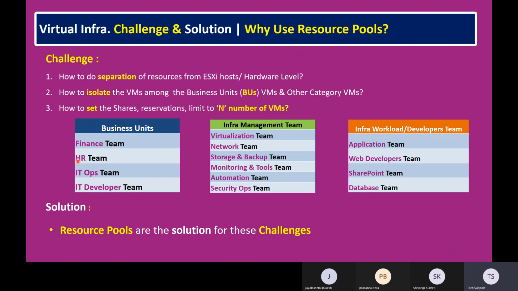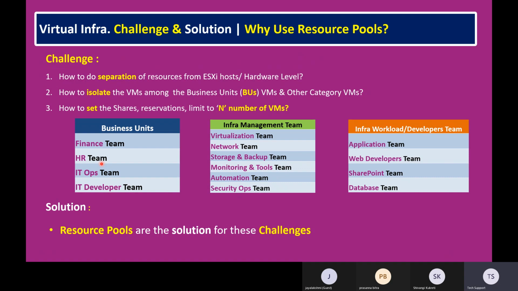Suppose within the organization we have 4 departments. These 4 departments invested some amount for buying hardware. Let's say the finance team invested approximately $1 million for one high configuration ESX box, and the HR team also invested $1 million for one high configuration ESXi host hardware.